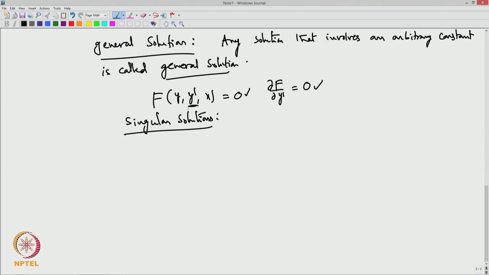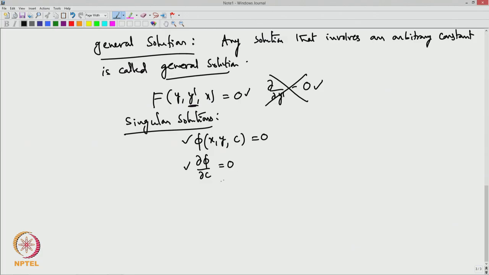But the best way is you solve the first one and you have a general solution, let us say φ(x, y, c) equal to 0. Suppose this is the general solution of the given equation. Then you differentiate, ∂φ/∂c equal to 0.